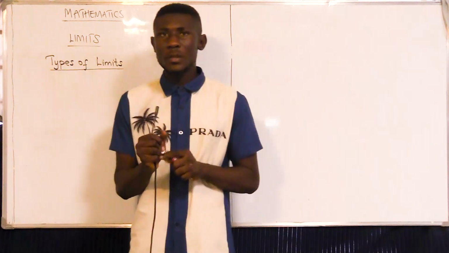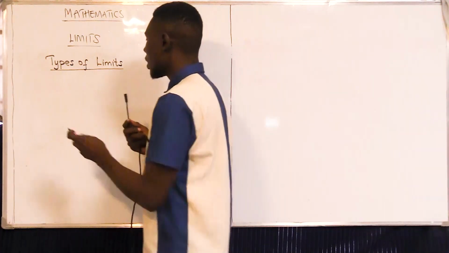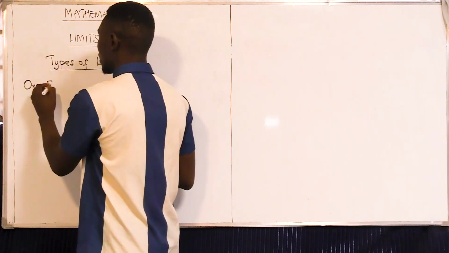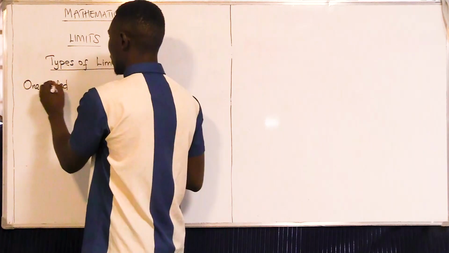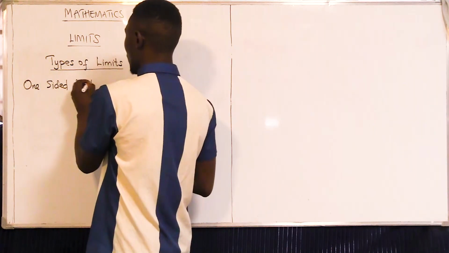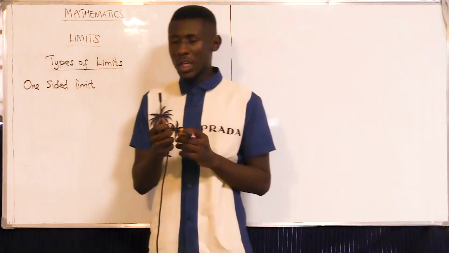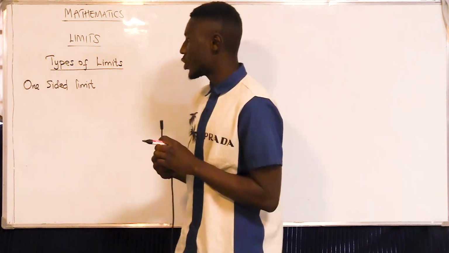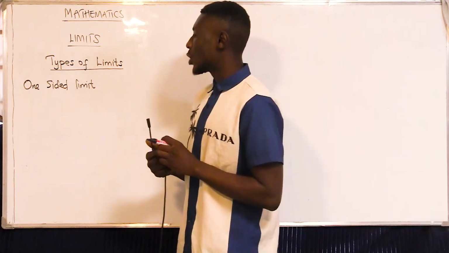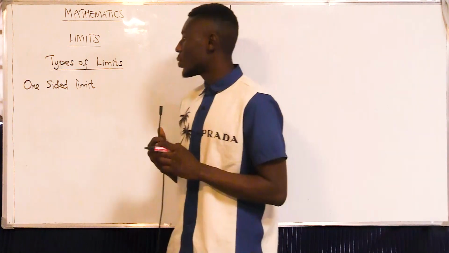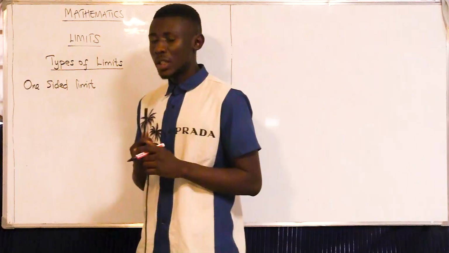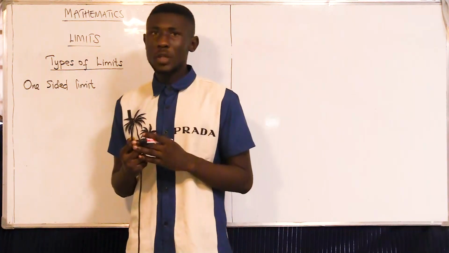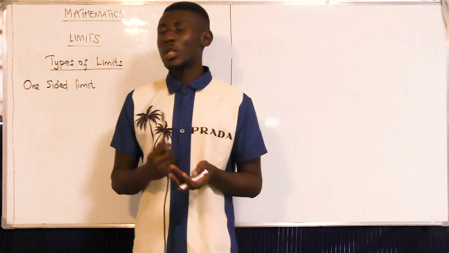So the types of limits that we have, the first one is the one-sided limit. Now understand, a limit is simply a number that a function goes close to as its input is approaching a certain value. The sides could be the left side or the right side.